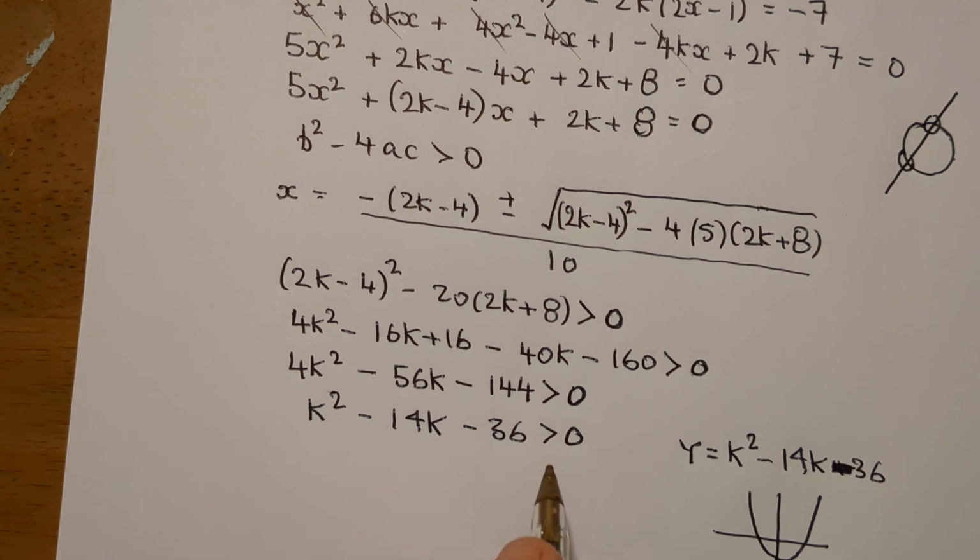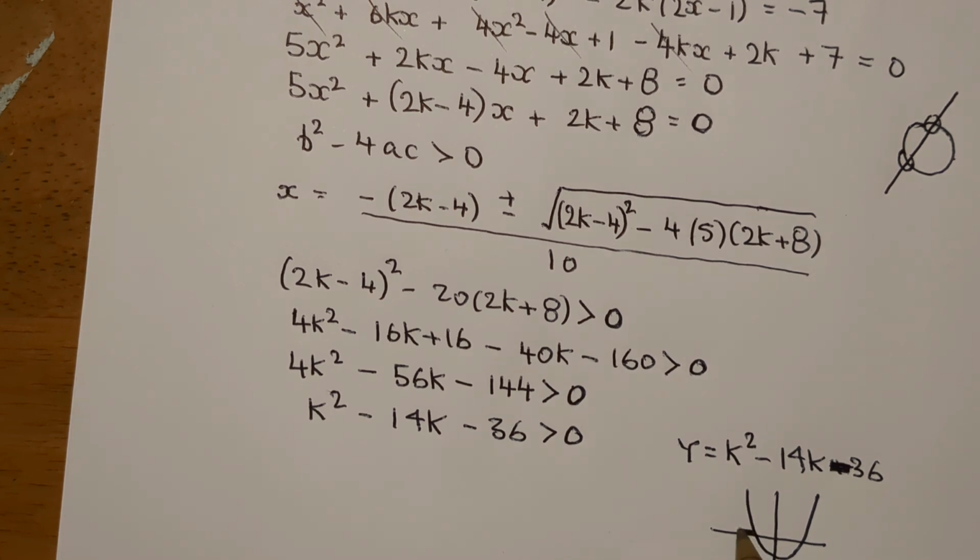The solution to the inequality is going to be where the y value is positive. So it's going to be here and here, because this is the y-axis, and this is actually your k-axis in this case, and the y value is positive, providing that k is from here in that direction and from here in that direction.